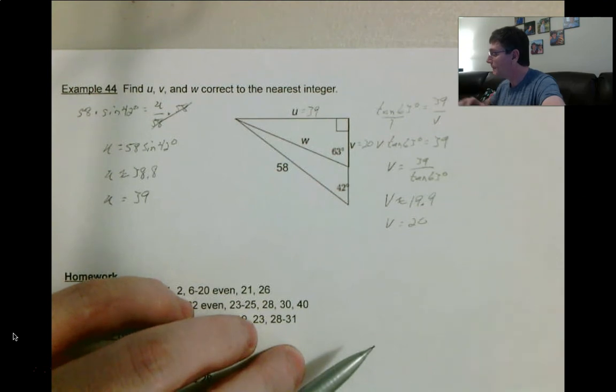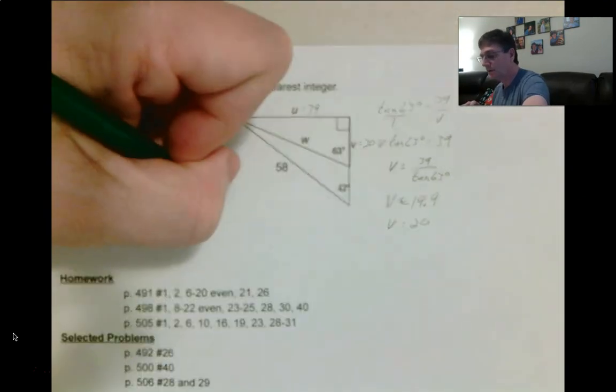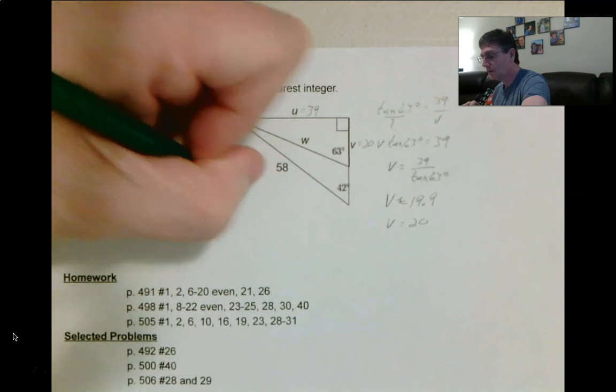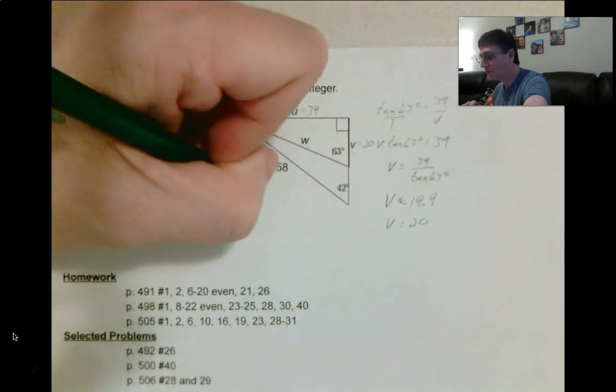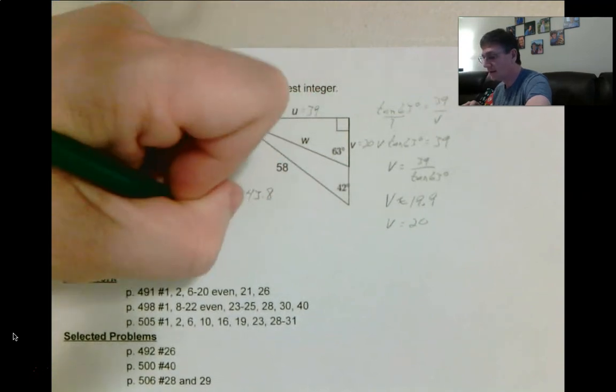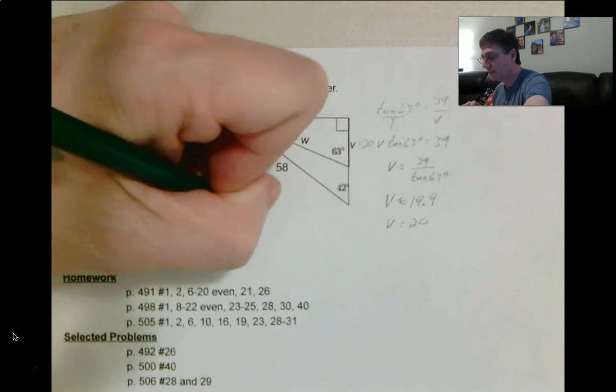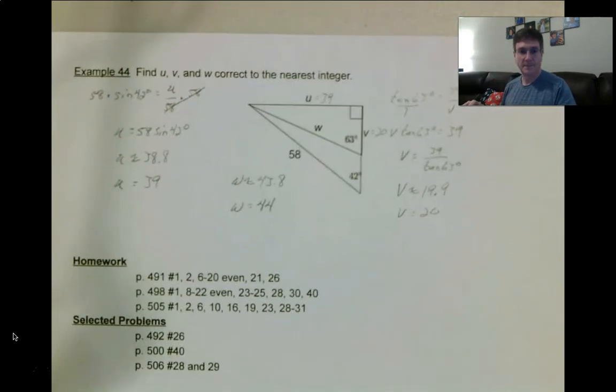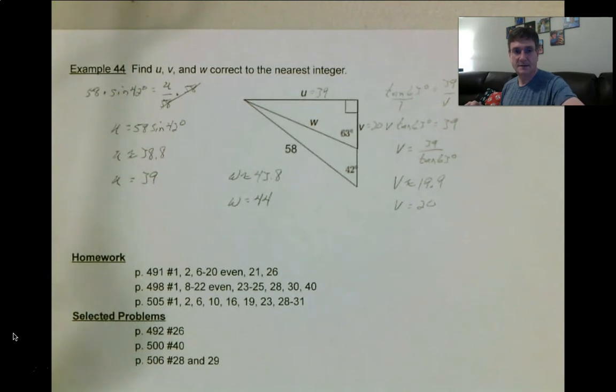Square root that, and W is approximately equal to 43.8. So W is going to round up to 44. And that's the answer for example 44.